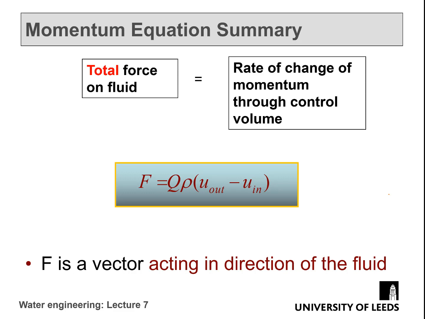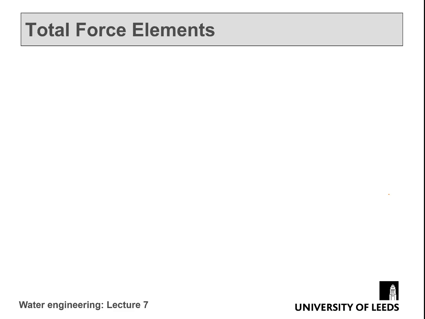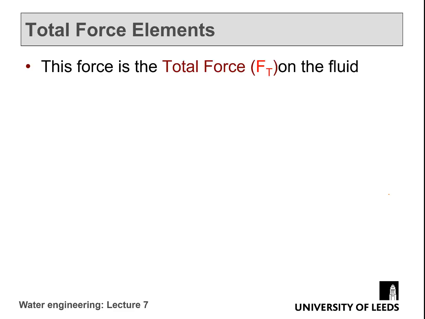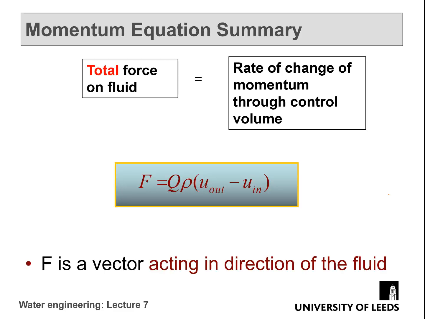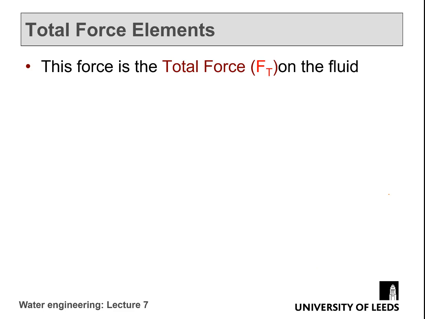F is a vector acting in the direction of the fluid, on the fluid. So this force F from the momentum equation is what we'll now call the total force.